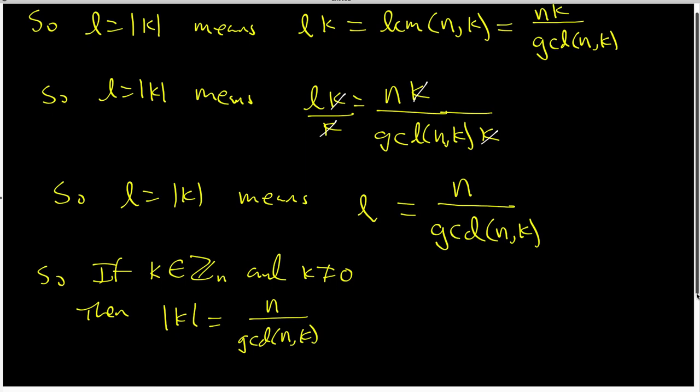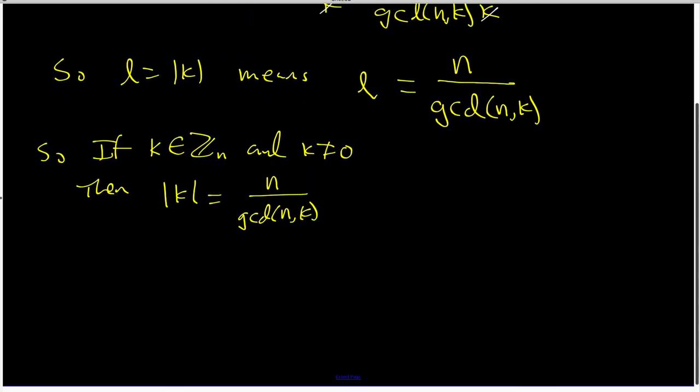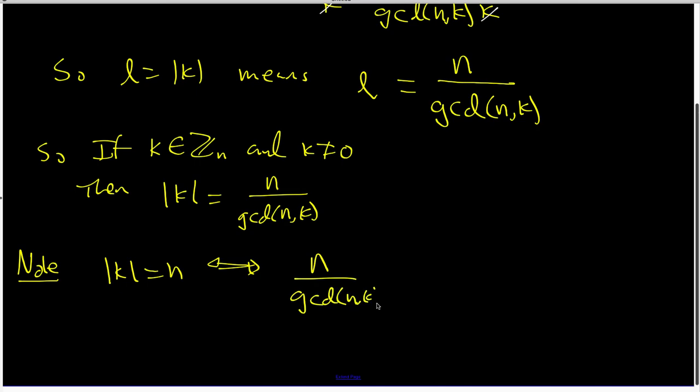Well, what are we going to do for generators? The order of k will equal n if and only if n divided by the GCD of n and k is equal to n, but that's going to happen if and only if I'm dividing by 1. In other words, the GCD of n and k is equal to 1.